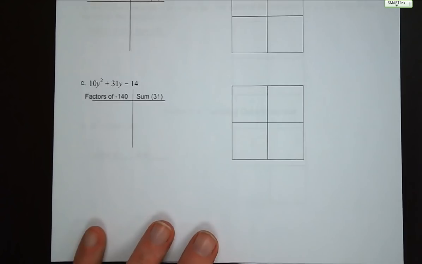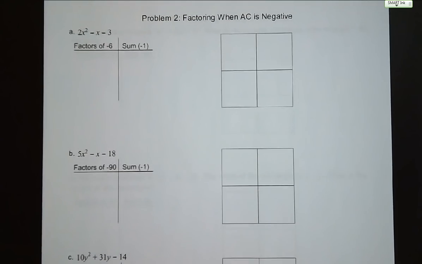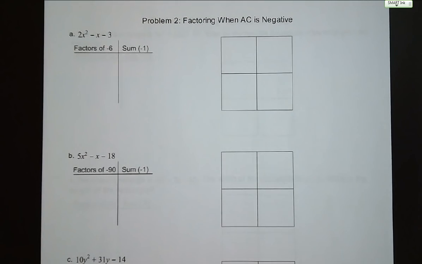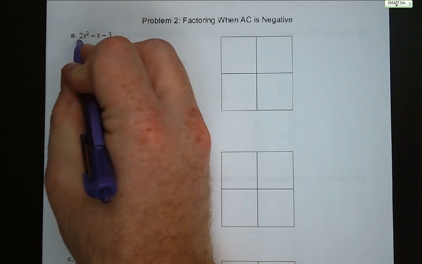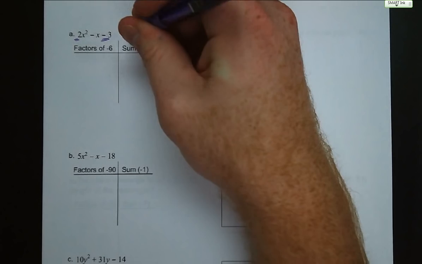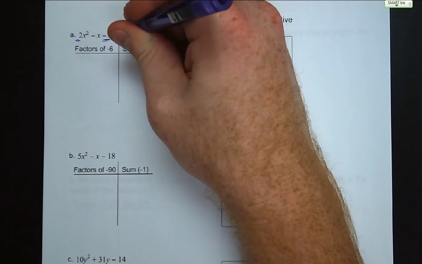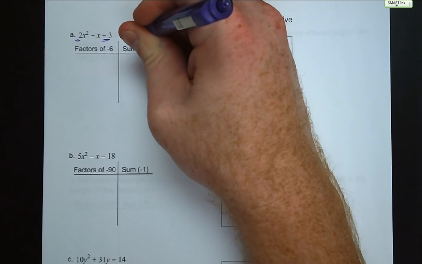All right. Now, problem number 2, factoring when AC is negative. So our product is going to be negative. We have 2 times negative 3. That's going to give us negative 6, which is right here.